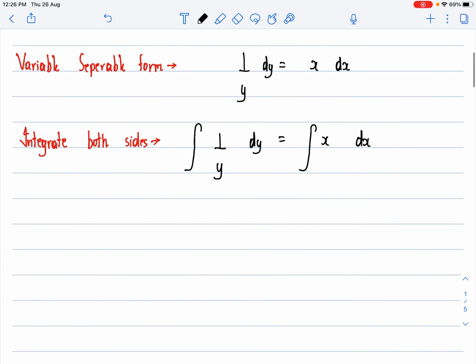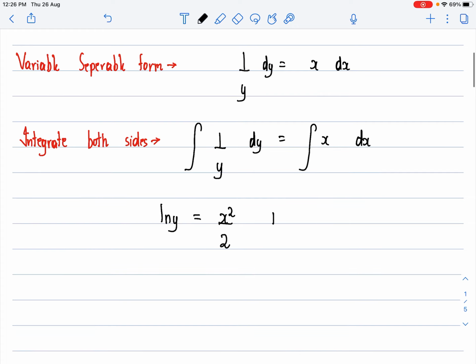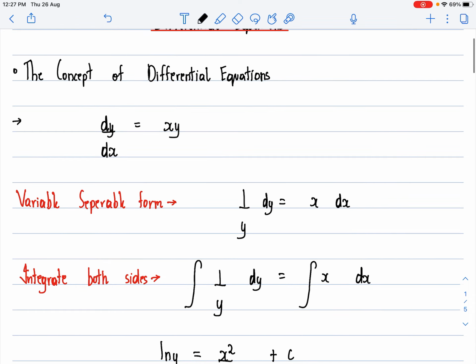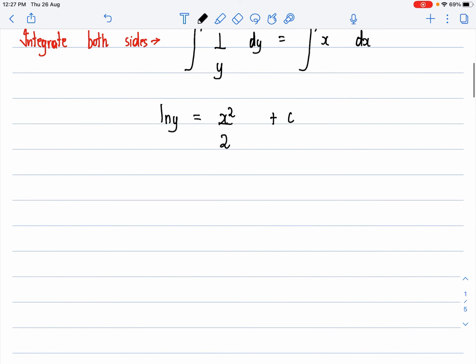Now the integration of 1 over y is simply ln y, which is equal to the integration of x, which is x square by 2. And as there are no limits here, you add a plus c. This is basically solving the differential equation.